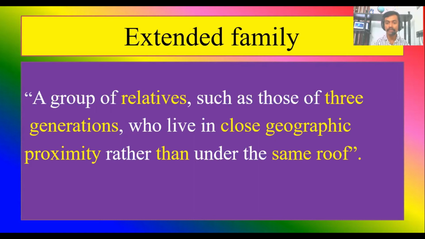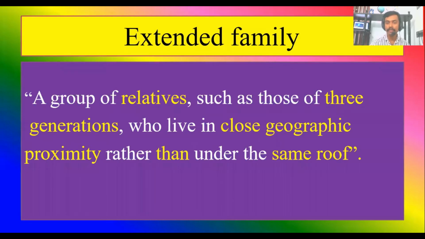They do not live in the same house, rather than under the same roof. Same roof means same house. If all these families live in the same house, that type of family is called a joint family.